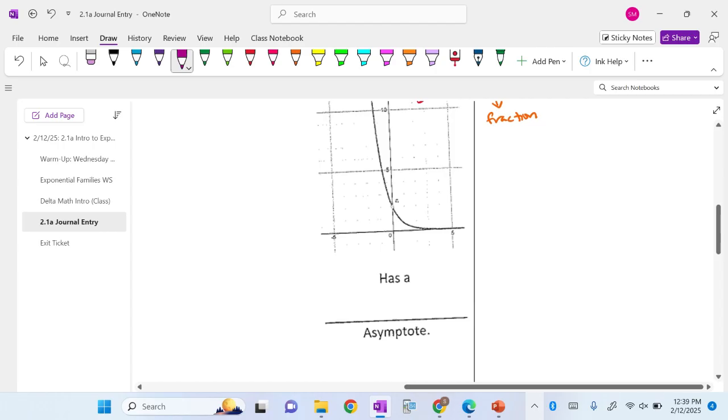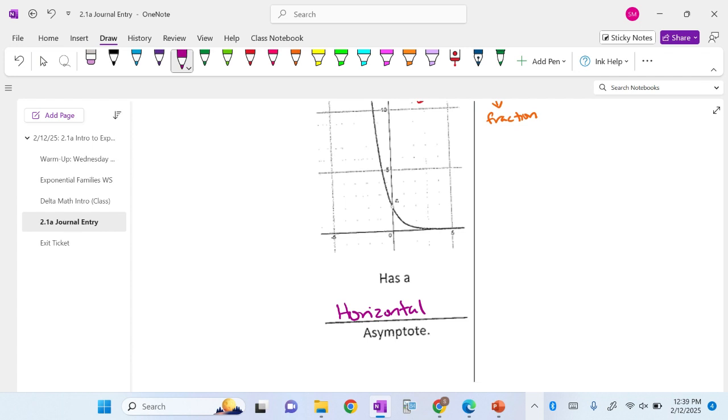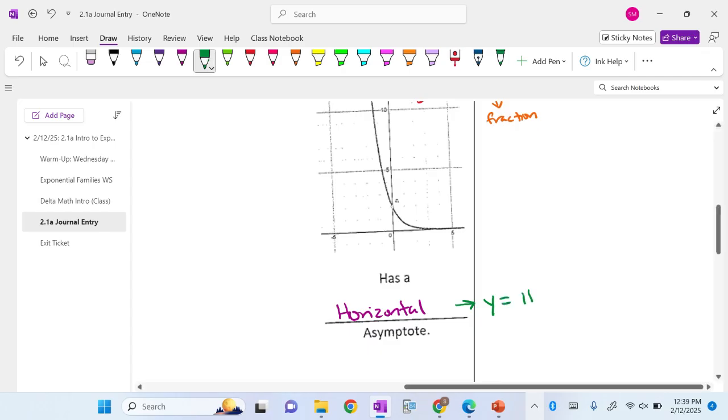Now, exponential graphs always have a horizontal asymptote. All right. And remember, the way you write a horizontal asymptote is that it's a horizontal line and it'll be y equal to whatever y value that line falls on.